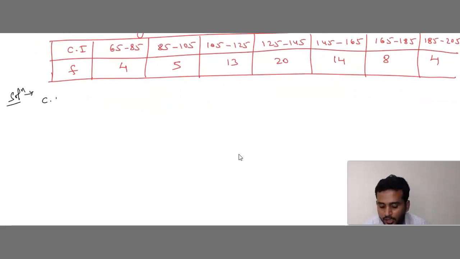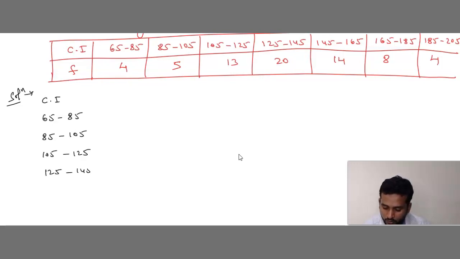First we write class interval. The values of class interval are 65 to 85, then 85 to 105, 105 to 125, 125 to 145, 145 to 165, 165 to 185, and then 185 to 205.